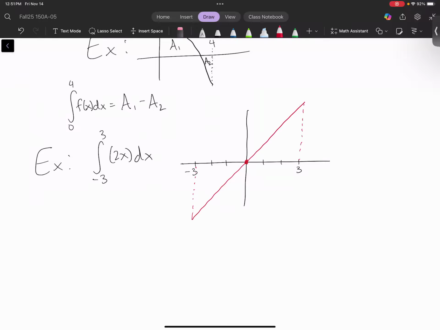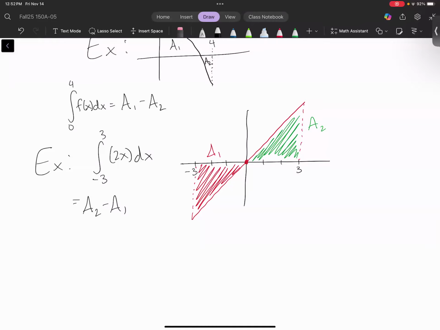Again, this is positive area because it's above. This is negative area because it's below. So if I call this area 2 and this is area 1, our integral is going to equal a2 minus a1. Positive area minus the area below the x-axis.